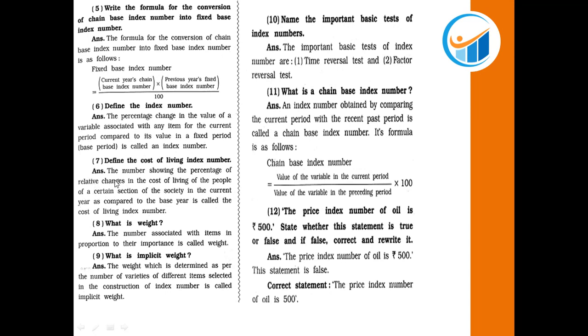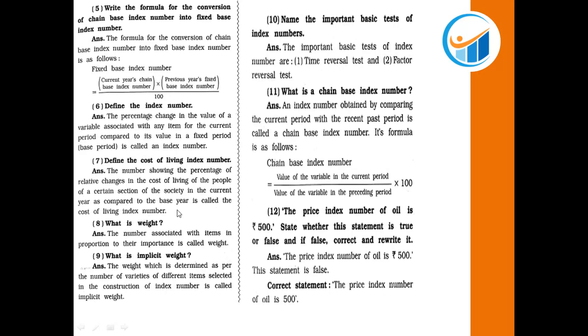And for each and every section of the society we have to find out what will be their cost of living index. So once again I will explain the meaning. The number showing the percentage of relative changes in cost of living of the people of a certain section of the society in the current year as compared to the base year is called the cost of living index number.